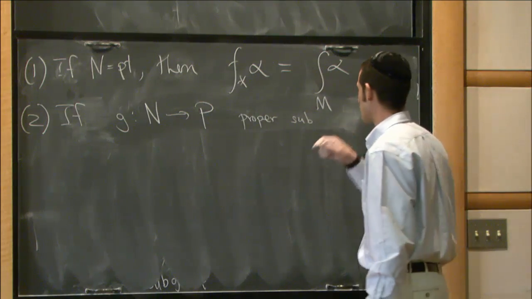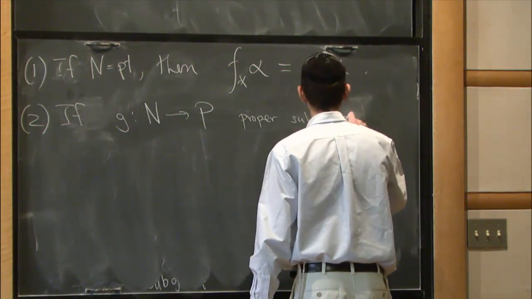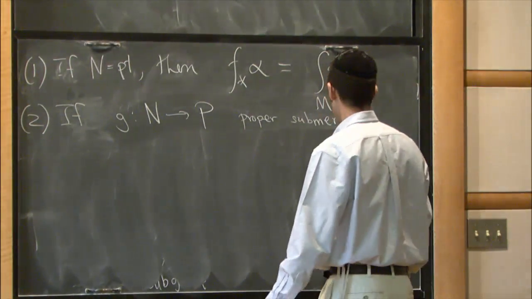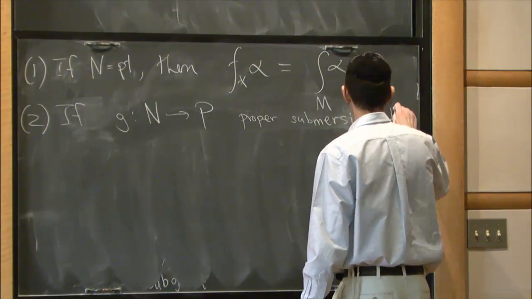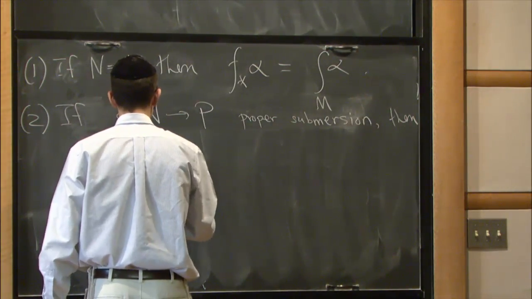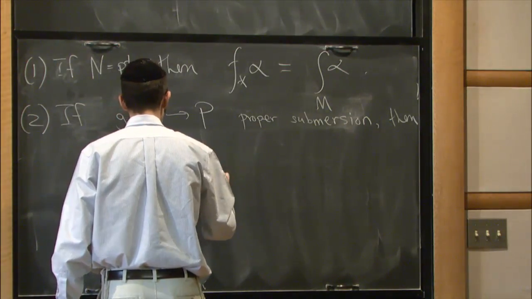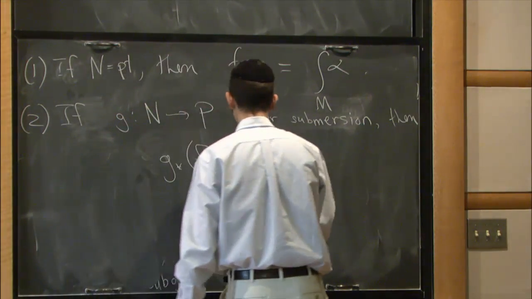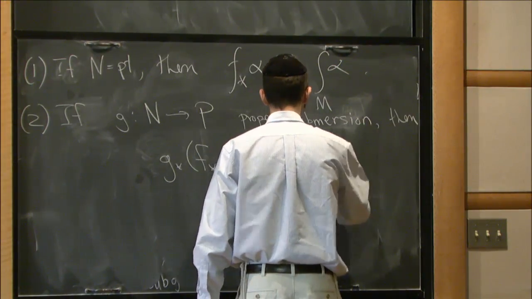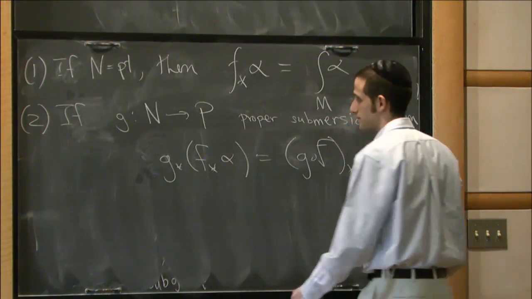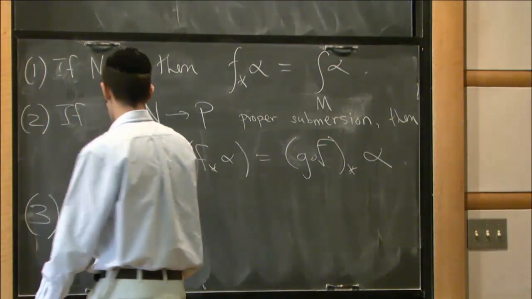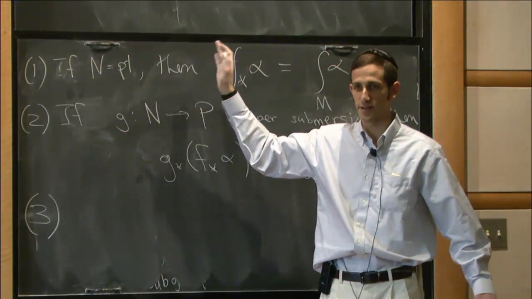Okay, so proper submersion. Then G star of f star of alpha is equal to G composed with f star of alpha. Third, this is a generalization of what's known as Fubini's theorem.